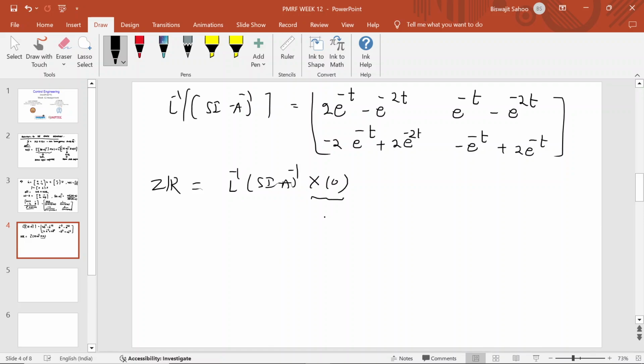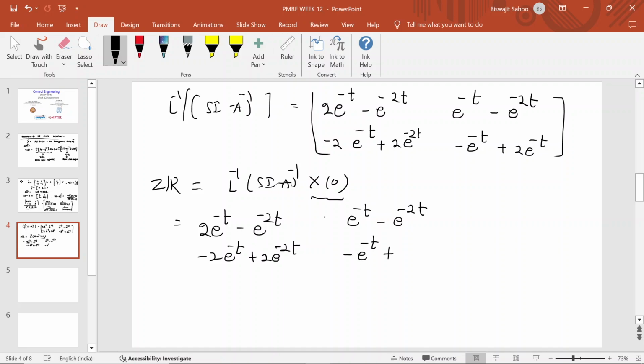So if you write this down, 2 into e to the minus t minus e to the minus 2t, minus 2 e to the minus t plus 2 into e to the minus 2t, e to the minus t minus e to the minus 2t, minus e to the minus t plus 2 into e to the minus t, and this value multiplied with 1 comma 0. Because this term is nothing but x of 0.